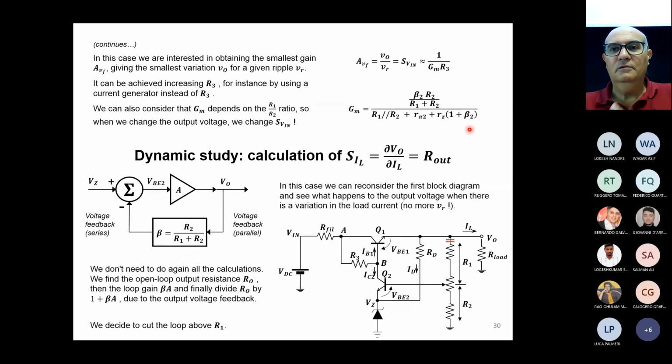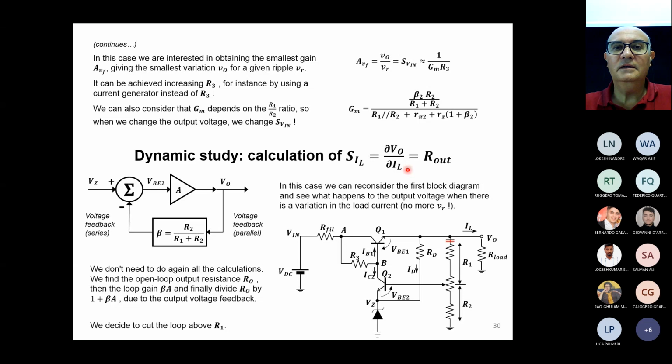Now, what I want to characterize, to study, is the output impedance of this power supply. Why the output impedance? Because we are interested in the stability factor of the output voltage as a function of the output current IL. Okay, so we want to see how the output voltage changes when we change the output current of the system.